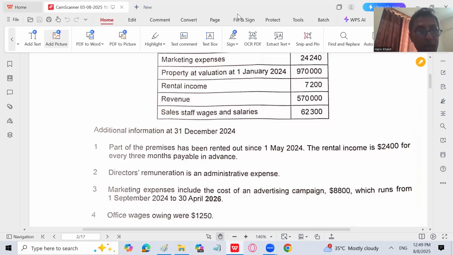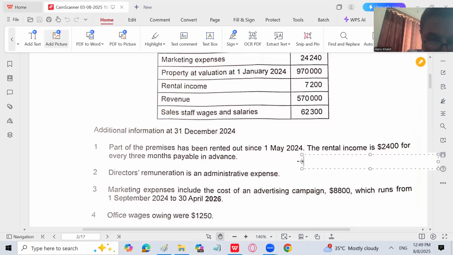So out of 8,800, the 16 months is going to be the prepaid marketing expense. So 8,800 multiplied by 16 divided by 20 gives the prepaid marketing expense. How come, sir? I repeat again. 8,800 is the advertising campaign included in the marketing expense. The 4 months payment for 2024, September to December, is already added in 24,240. The payment for the whole 12 months of 2025 and the 4 months of 2026, January to April, is also included in the 8,800 and is a part of 24,240.